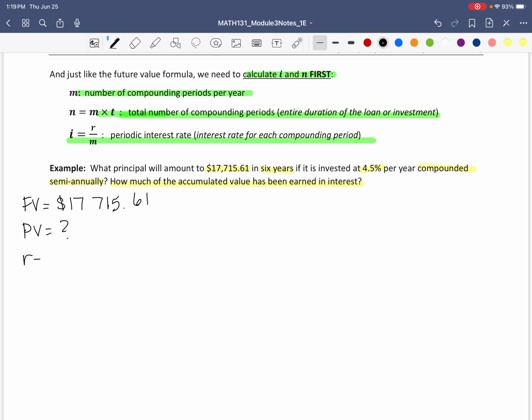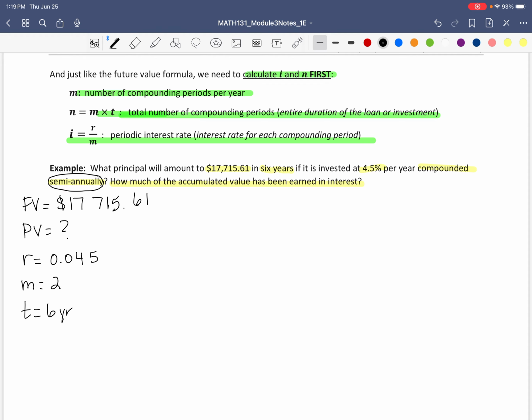We do have our R value, which is 4.5%, which we know is the same as 0.045 as a decimal. Our M value, how often is it compounded? It's compounded semi-annually, which means twice a year. So M is equal to 2 and T is equal to 6 years.